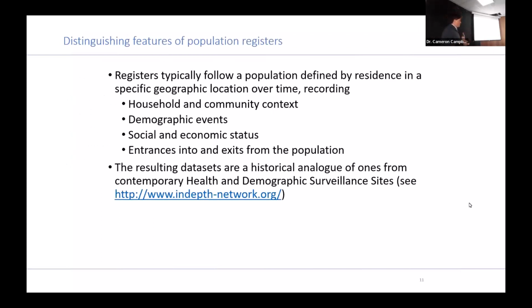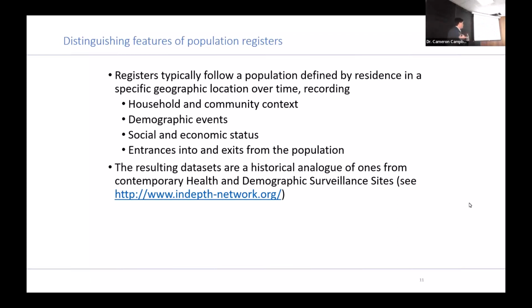So what's special about population registers? For this audience, I probably don't have to explain in too much detail, because they're basically longitudinal data. It's a lot like working with a historical analog to the NLSY, or, if you work outside the US, the samples that are part of the INDEPTH network, the household registration samples.